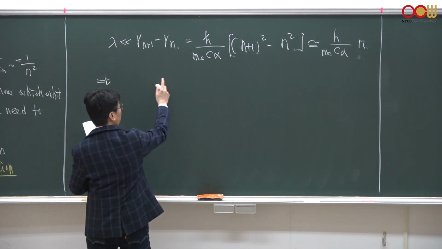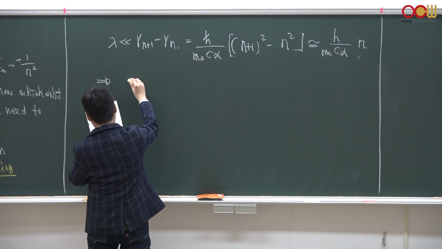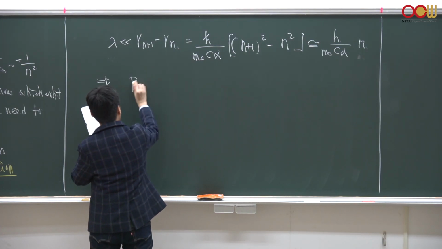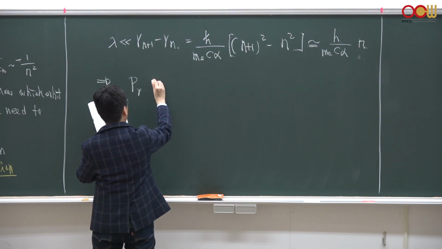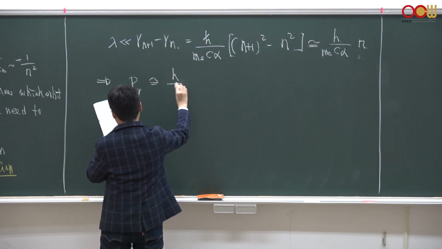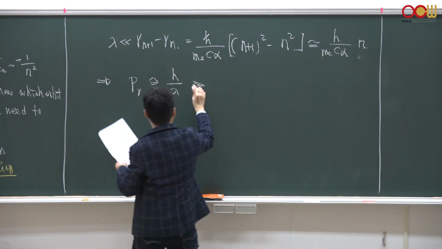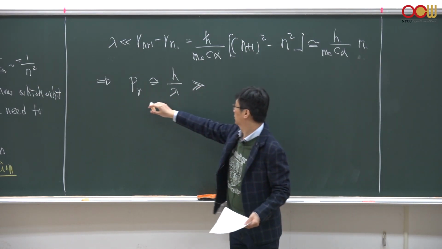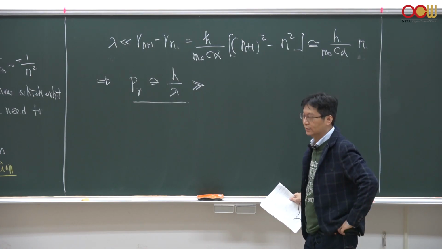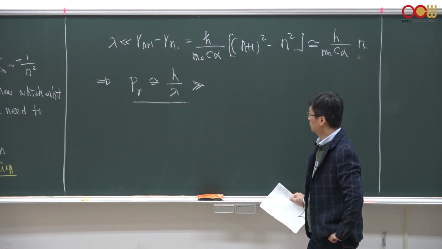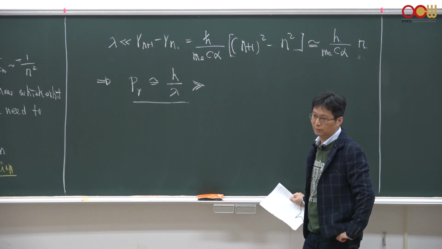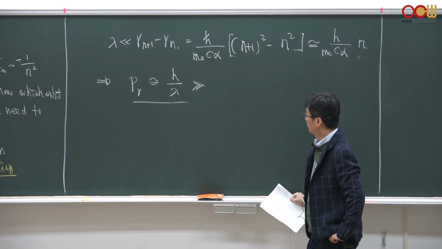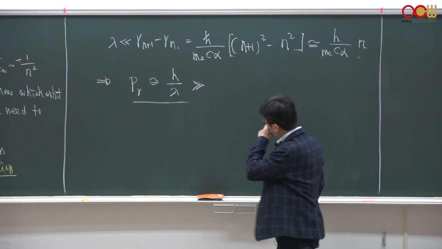However, if lambda is bounded by this value, which means the momentum of this photon should be much greater than h over lambda, because this is the relation by de Broglie. De Broglie says that the momentum of a quantum particle is given by h over lambda, where lambda is the de Broglie matter wavelength.